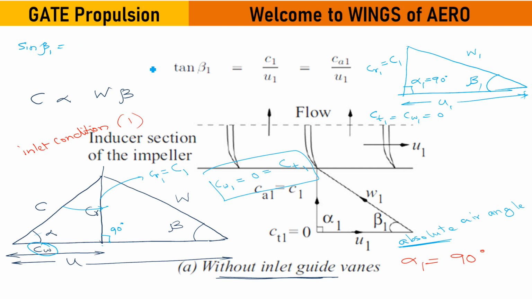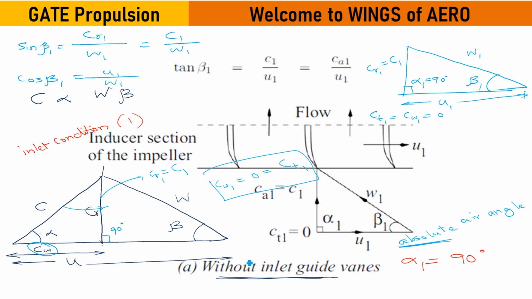Fine. Sine beta 1 means height by hypotenuse, CR1 by W1 or C1 by W1. Then similarly, if you want any other alternative parameter, cos beta 1 equals U1 by W1. Based on the parameter given in the question, you can find out the unknown parameter.